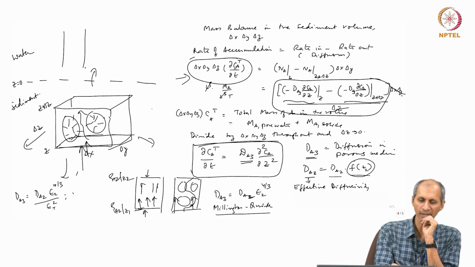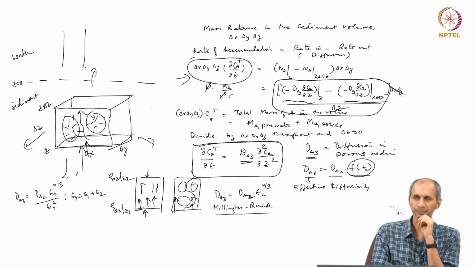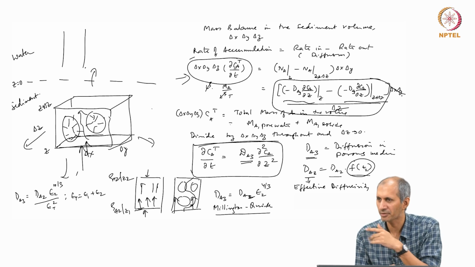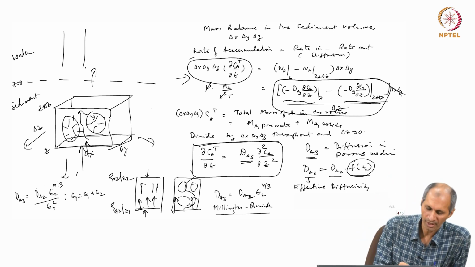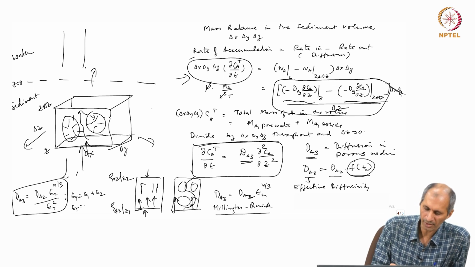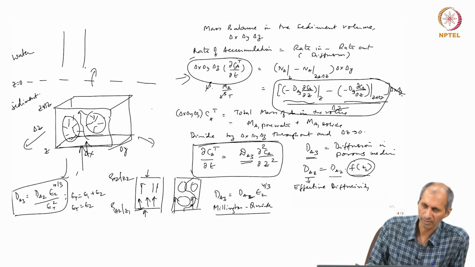So this assumes that epsilon T is equal to epsilon 1 plus epsilon 2. If this happens, then you have to use this expression, but this expression reduces to the earlier expression when epsilon T equals epsilon 2 or epsilon 1. It becomes epsilon 2 to 10 by 3 divided by epsilon 2 squared. So this becomes 4 by 3, since 10 by 3 minus 2 is 4 by 3. Okay.